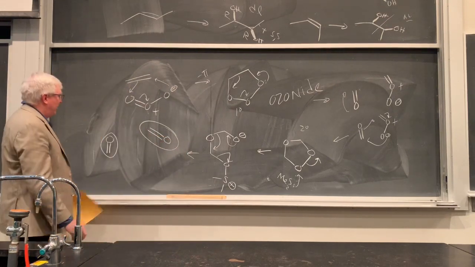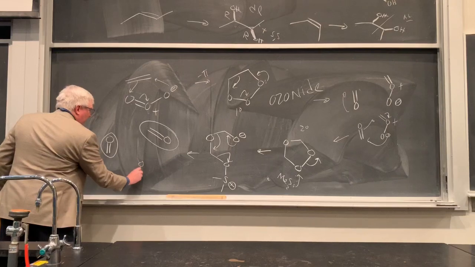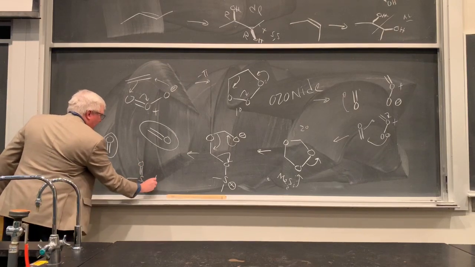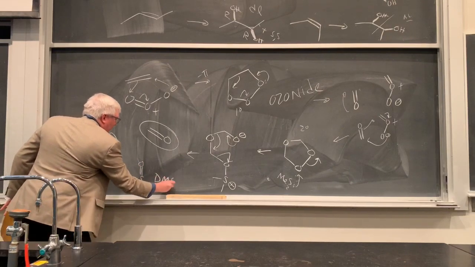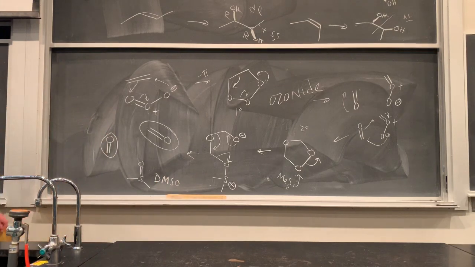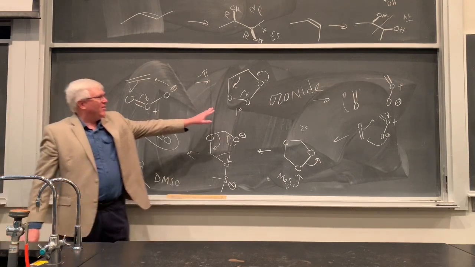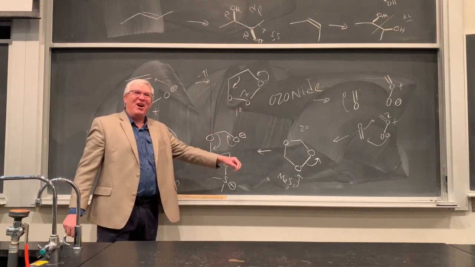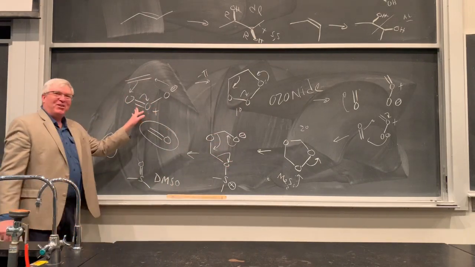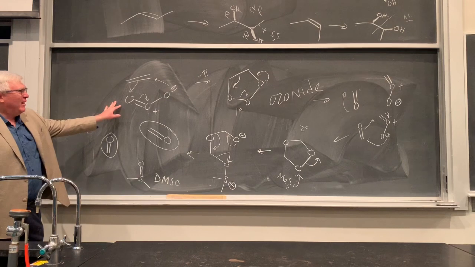And what happens to the dimethyl sulfide? It's now DMSO, dimethyl sulfoxide. You've probably heard of DMSO as a solvent. It is the byproduct of this reaction. Notice the sulfur gets oxidized, and the ozonide, you could say, got reduced. We pulled out 1 oxygen because 3 oxygens went in from the osmium reaction.